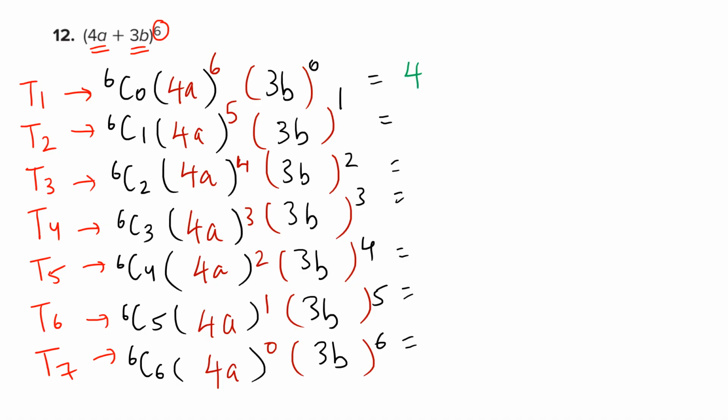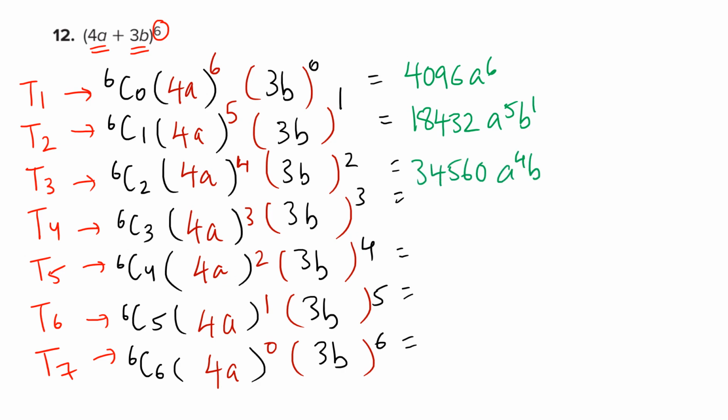So here if you solve using calculator shortcut, 4096 a to the power 6. Next term is 18432 a5 b1. Next term is 34560 a4 b square.